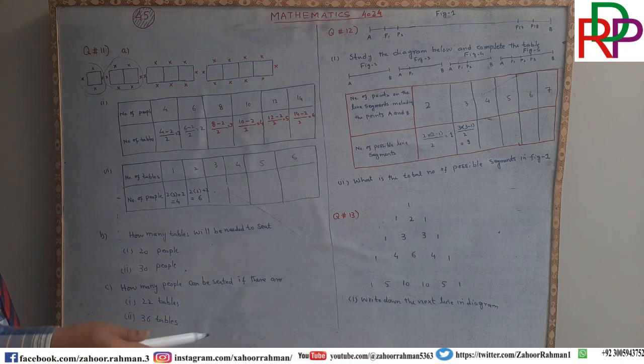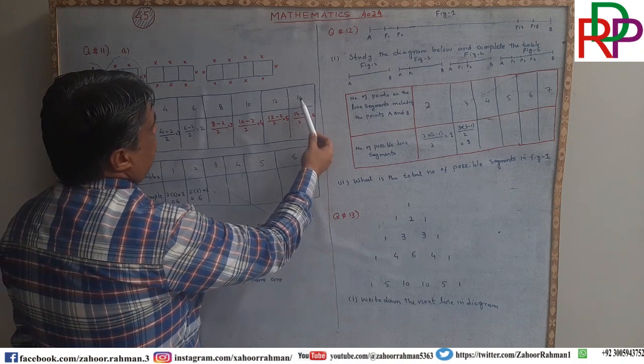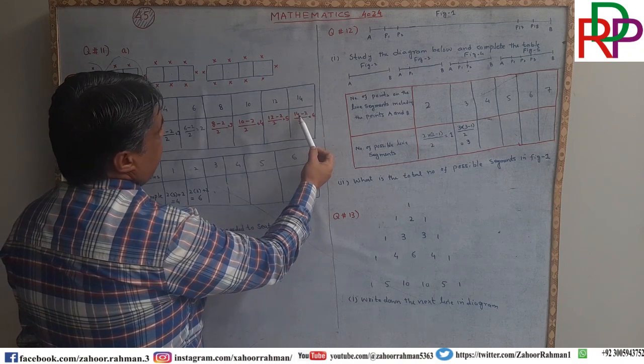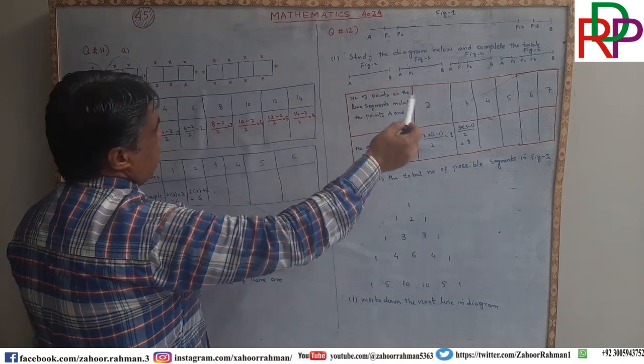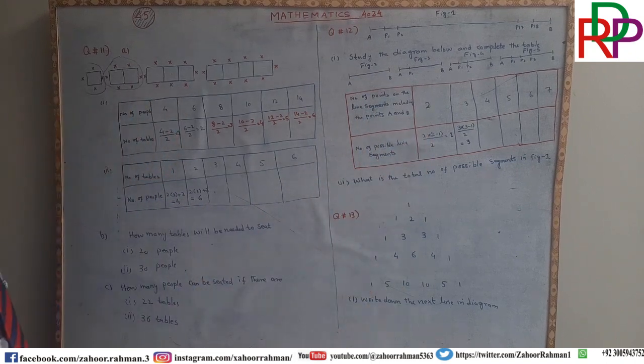Similarly, if we go on, then for 14 people and for 16 people, for 20 people, 20 minus 2 divided by 2. For 30 people, 30 minus 2 divided by 2.